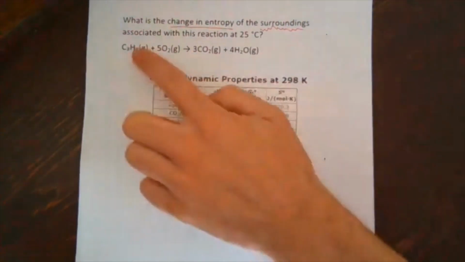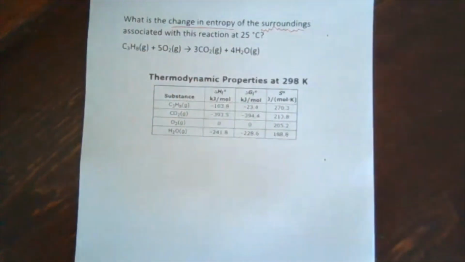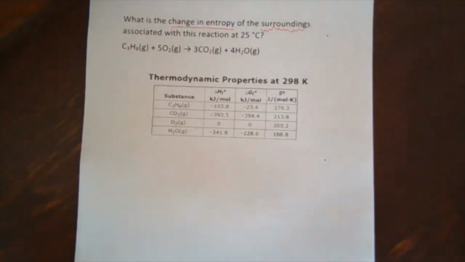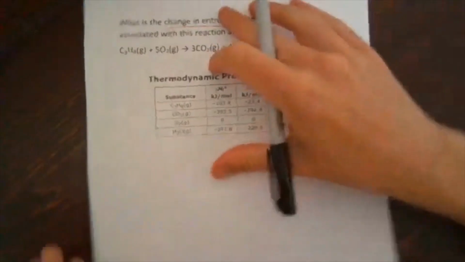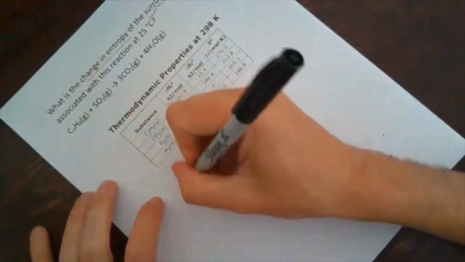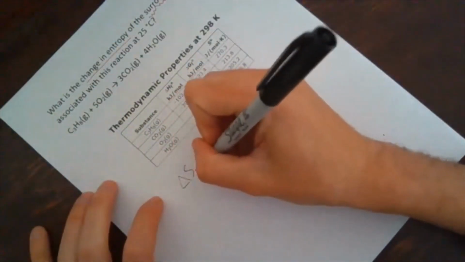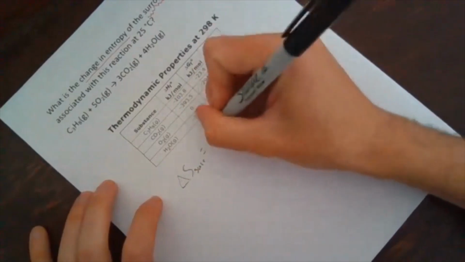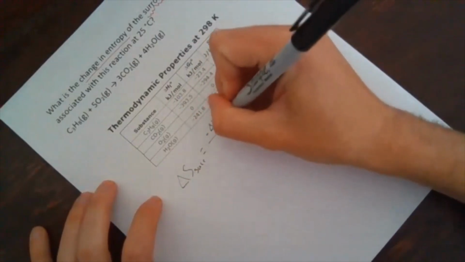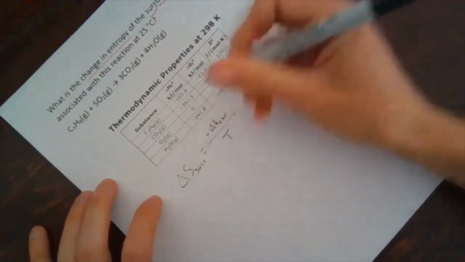So this is the same chemical reaction at 25 degrees Celsius, but I'm now doing a change in entropy of the surroundings. So we need to use a different equation in this case. Whenever we're looking to do it, the delta S of surroundings is going to be equal to the negative delta H of the reaction divided by the temperature.